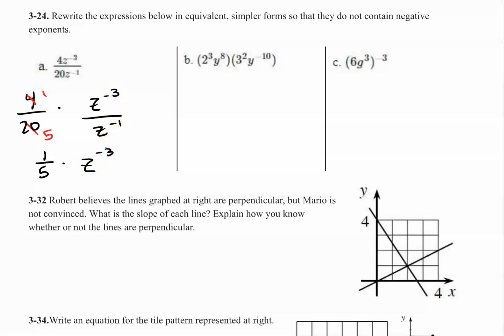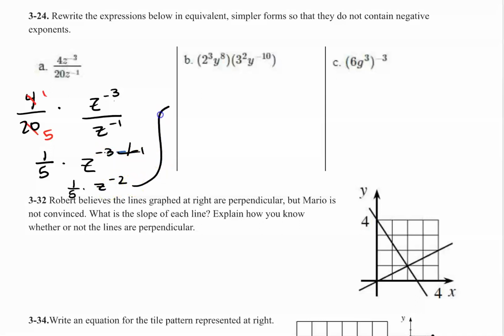So it's -3 subtract -1. And when you are subtracting a negative number, that turns into a big plus sign. So it's 1 over 5 times z raised to the power -2. -3, and then you add 1 to it, so it gets closer to 0 on the number line. So that goes to -2.